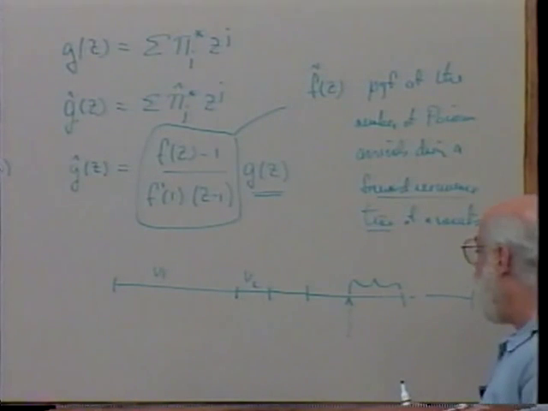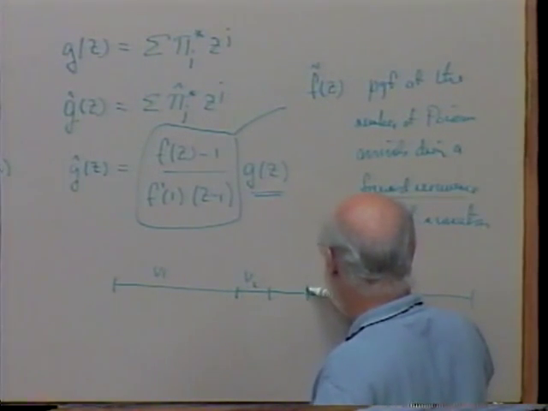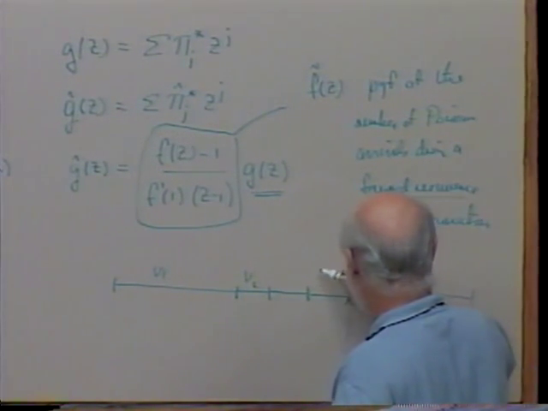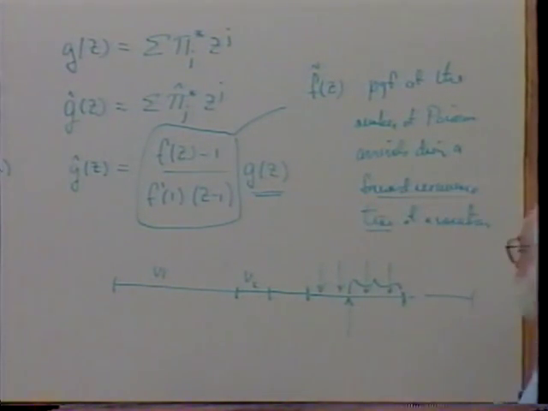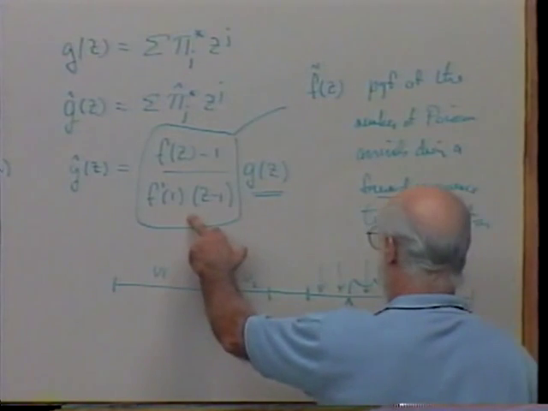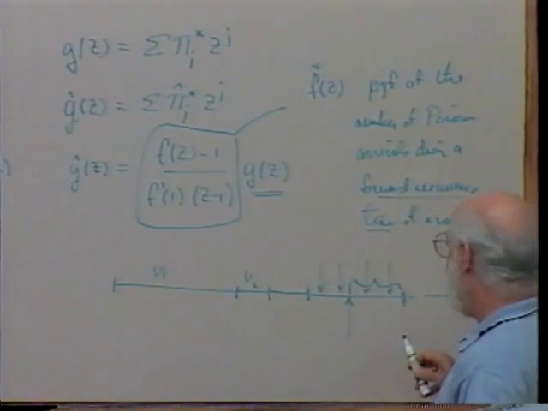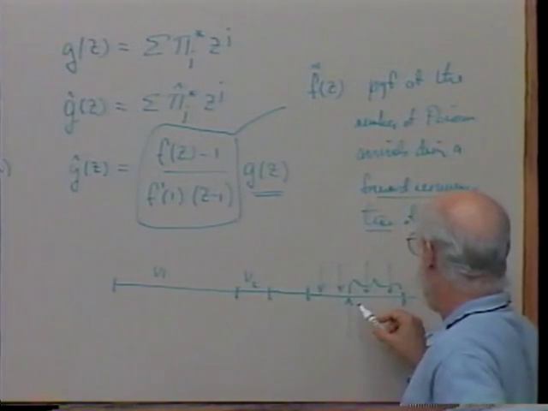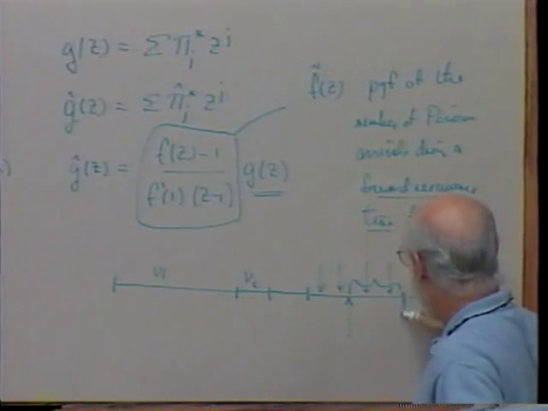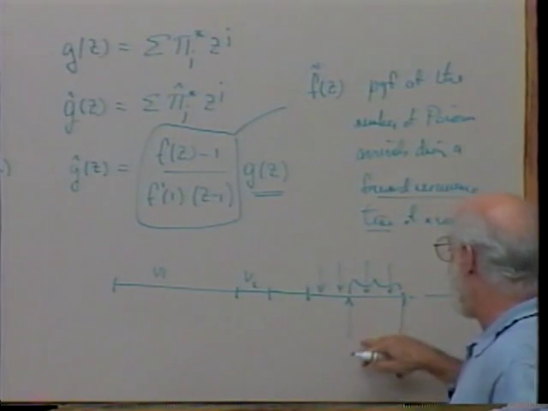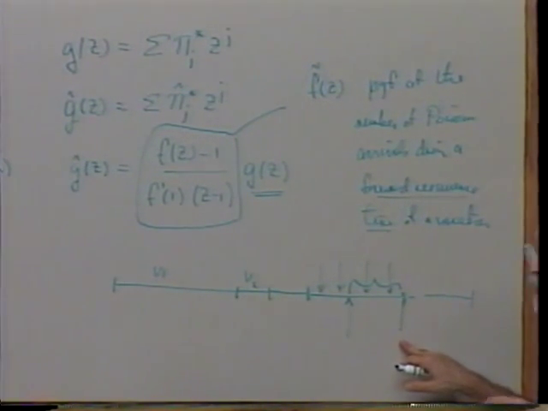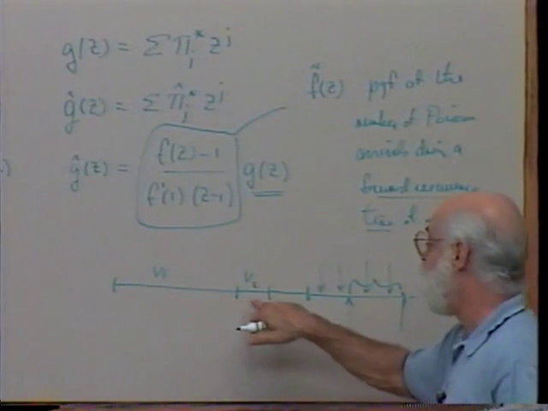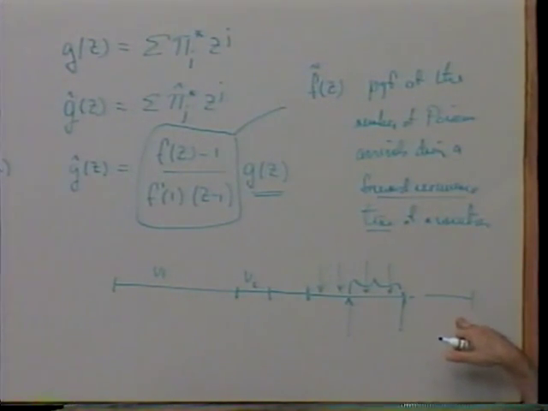And if I had Poisson arrivals occurring during this interval, then this term right over here is the generating function of the number of customers that arrive according to a Poisson process during a forward recurrence time of an interval interrupted in a renewal process in which the renewal intervals are the vacations.